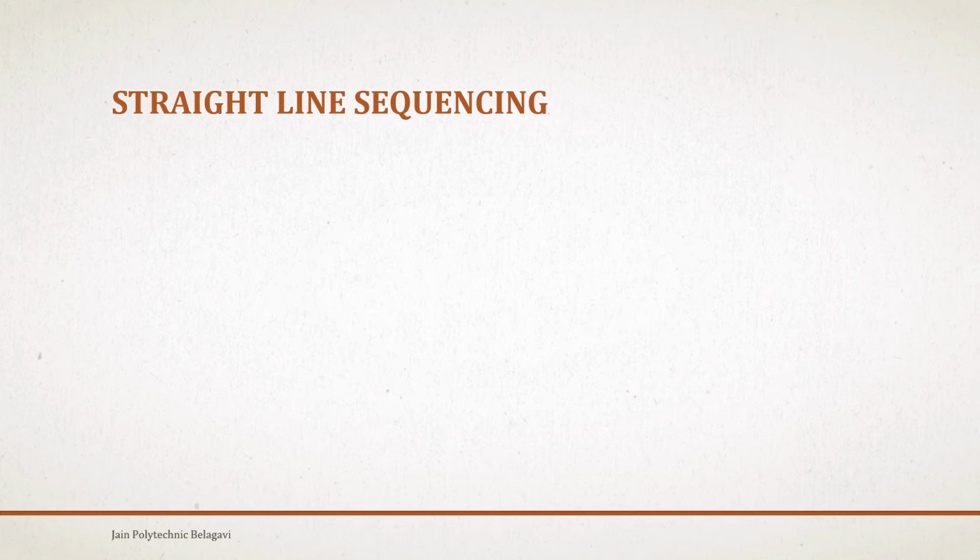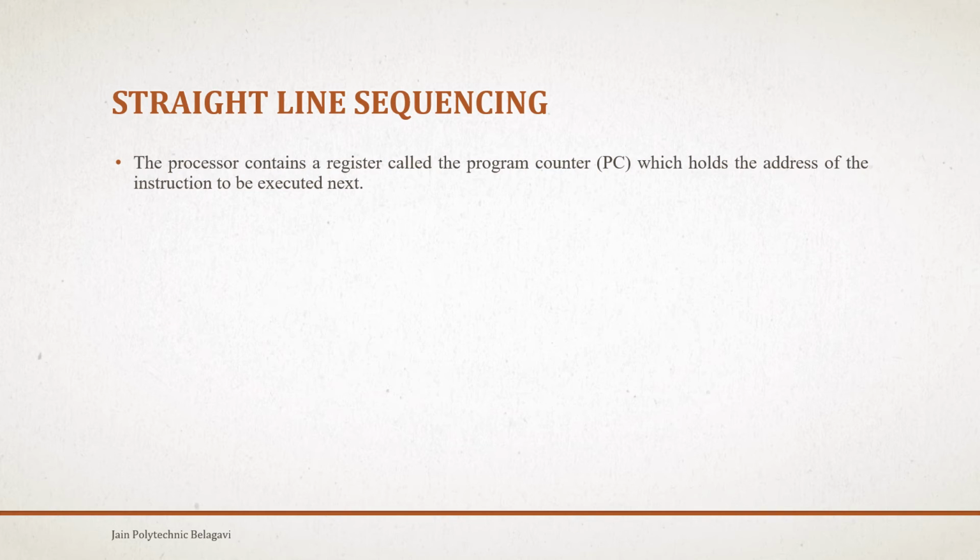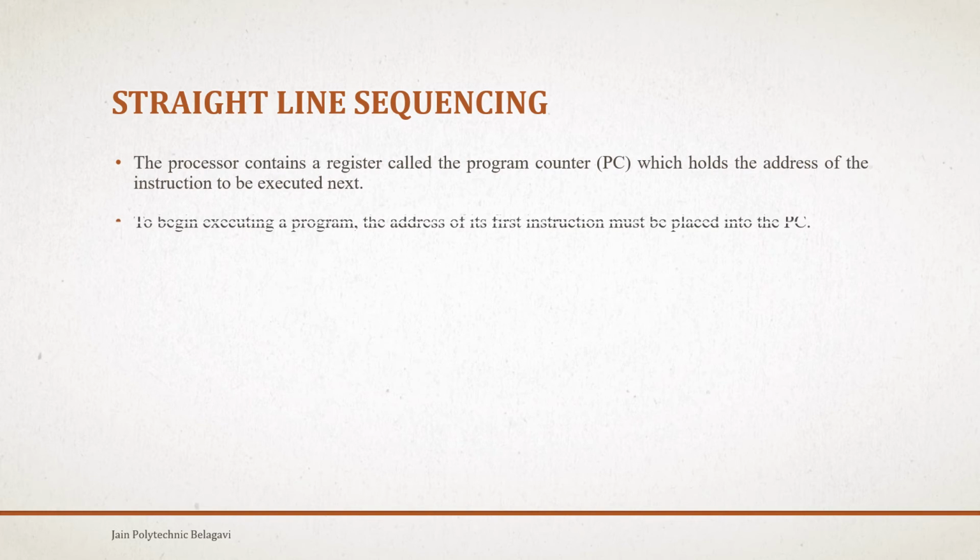Let us go through what is called straight line sequencing. The processor contains a register called the program counter, which holds the address of the instruction to be executed next. As we discussed in the first unit, there is a specialized register called the program counter, which keeps track of the current program that is going to be executed.